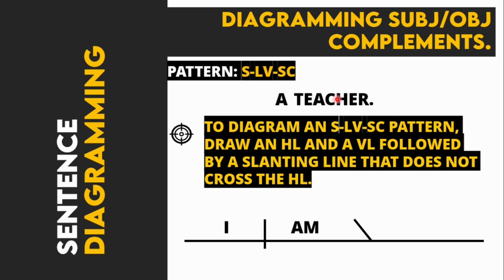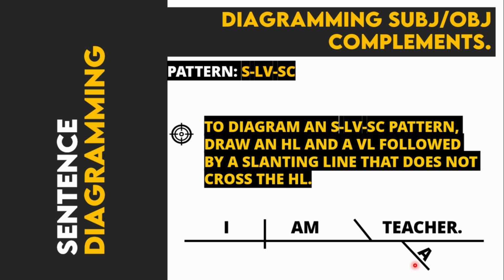So which among the two words is your subject complement? Is it a or is it teacher? If you answer teacher, you are correct. Teacher here describes the subject I. Okay? So it kind of renames who the subject is. It gives you another information about the subject.